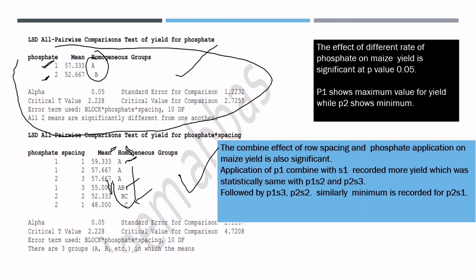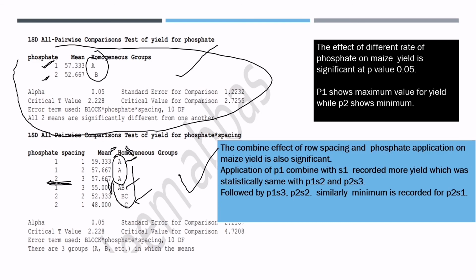Furthermore, application of P1 combined with S1 recorded more yield, which was statistically the same as P1 S2 and P2 S3, because in the first three treatments the group is A for all the treatments. Therefore, we can say that these are statistically similar.